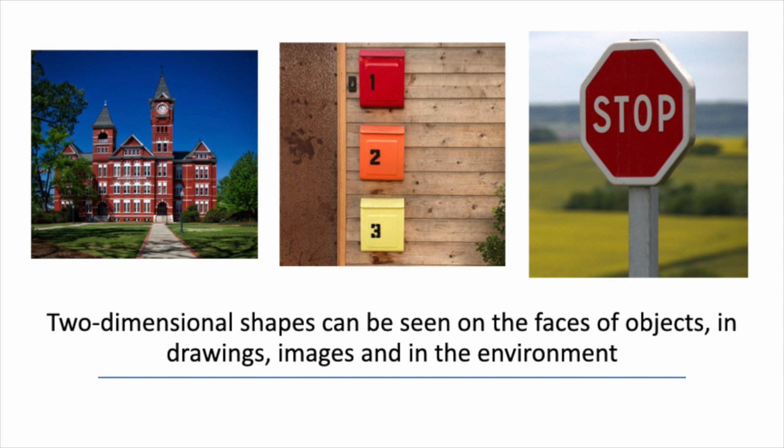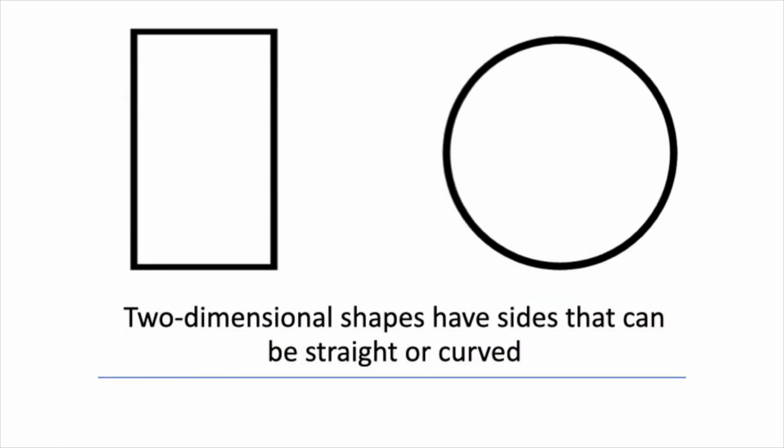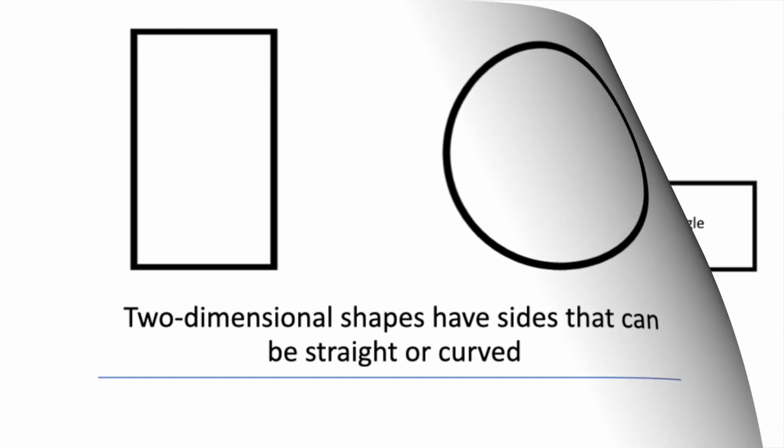2-dimensional shapes can be seen on the faces of objects, in drawings, images, and in the environment. There are lots of shapes here. 2-dimensional shapes have sides that can be straight or curved.